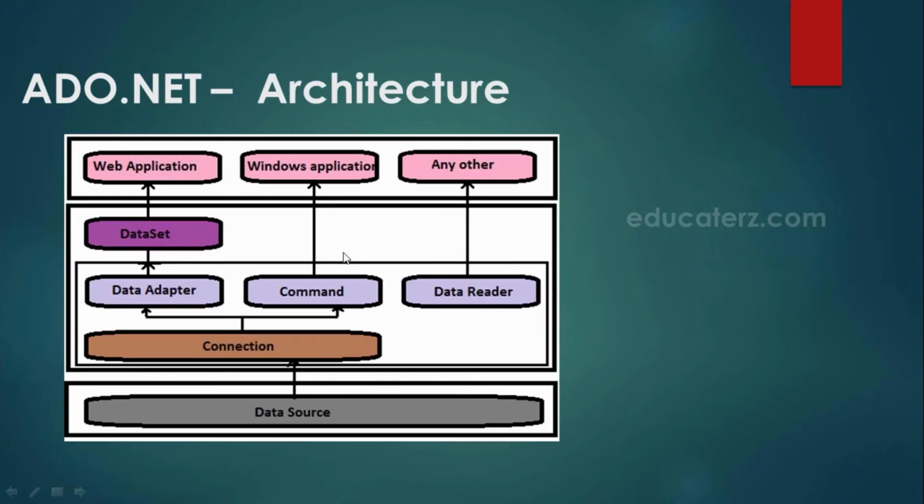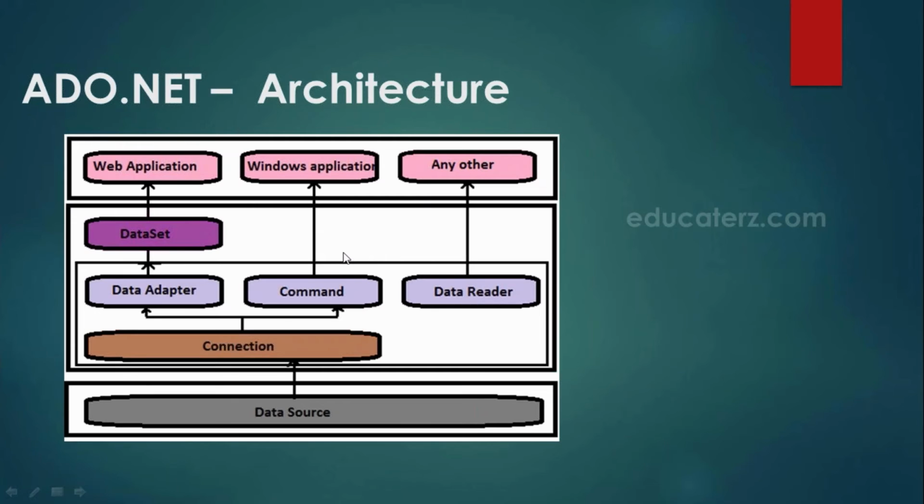Irrespective of the application you are developing, the application needs to connect to the database first, then prepare an SQL command, then execute that command, retrieve the result and display it in the application. These are very, very important 4 points. First and foremost, connect to the database, prepare an SQL command, execute that command, retrieve the result and display it in the application.